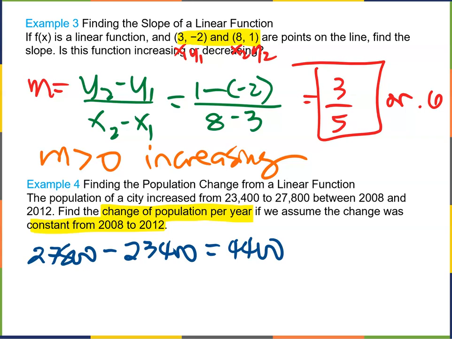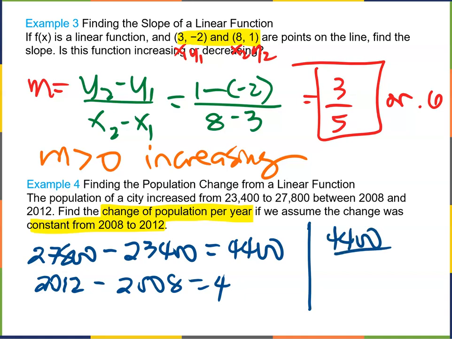And then at that time, 2012 and 2008, that is in 4 years. So that is like 4,400 over 4, 4,400 people over 4 years.